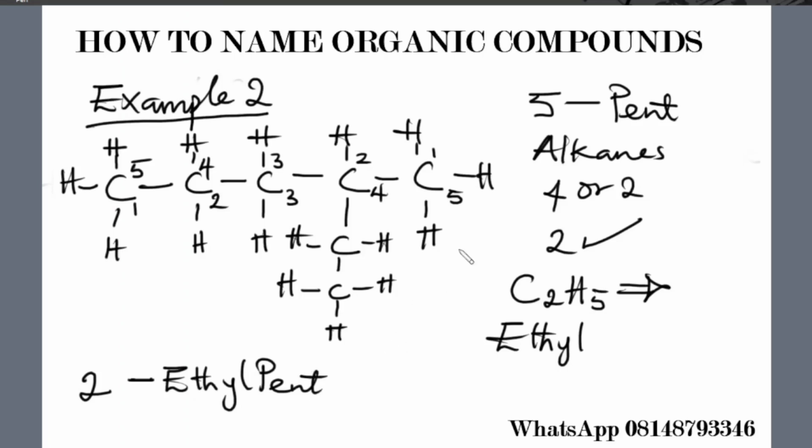And then finally, the functional group of the compound, which is alkane. So instead of writing alkane in full, we take ANE. So the name of the compound is 2-ethylpentane. So this is how we name organic compounds.